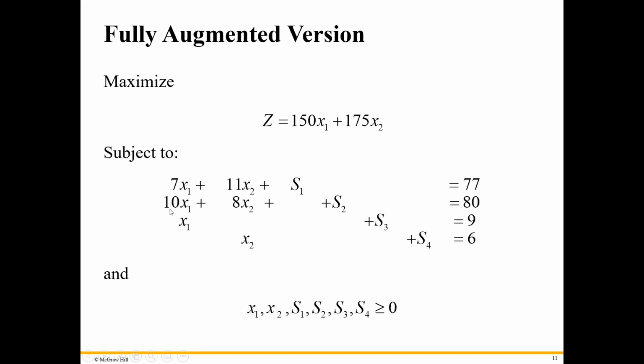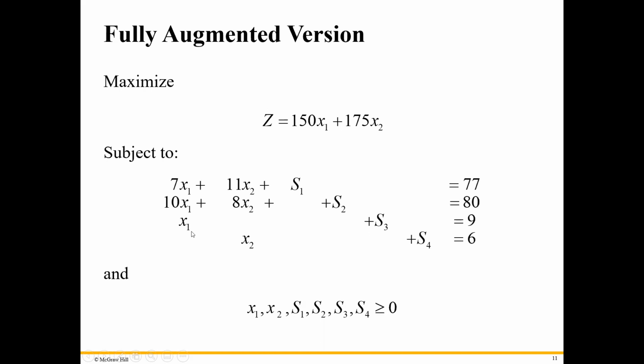That means gas 1 needs 10 hours per ton, so the total time needed will be 10x1, and the second gas needs 8 hours per ton, so the total time needed will be 8x2. So 10x1 plus 8x2 plus s2 equals 80.